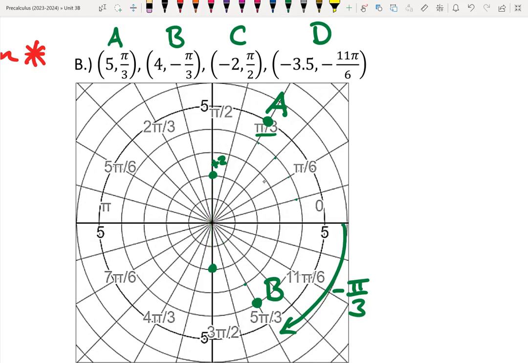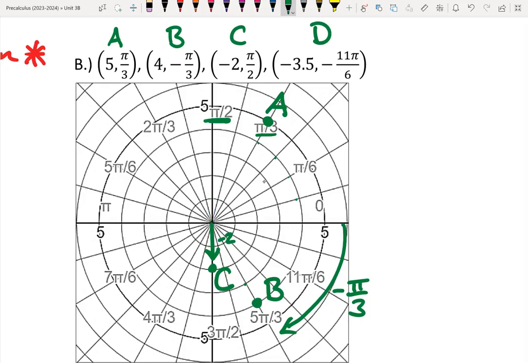So I see pi over 2, going this way is positive 2, going in the opposite direction is negative 2. So that ends up being point C down here. Does that make sense, Dean? We just have to remember the negative r goes in the opposite direction. Okay?